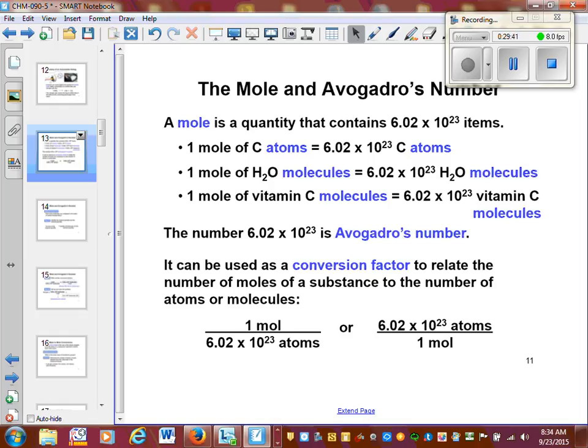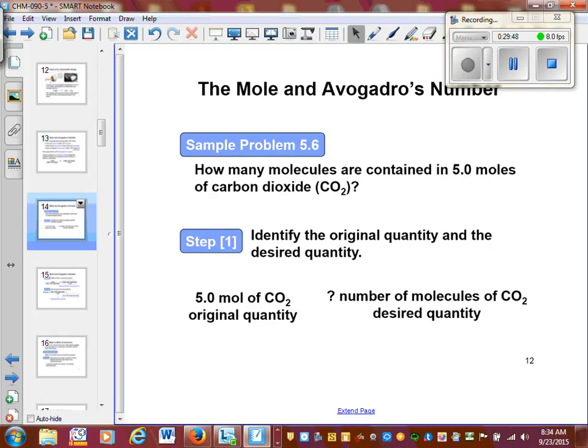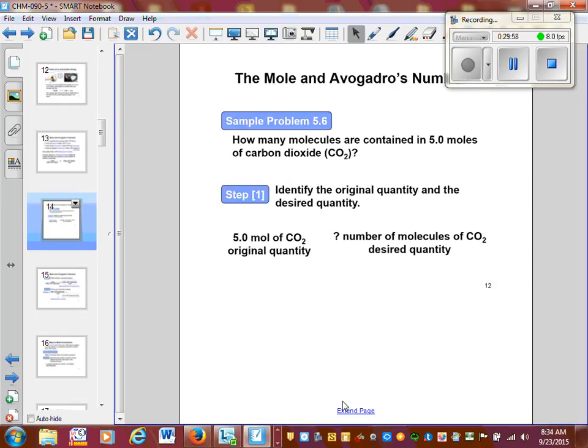So how many molecules are contained in 5 moles of carbon dioxide? Well, we're going to do a conversion. Five moles of CO2 is what we're starting with.